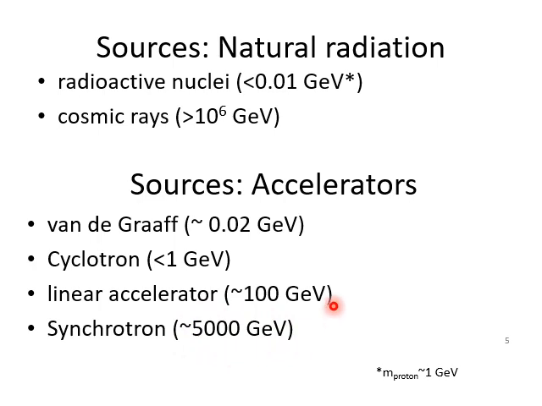Now, these are very frequently the energies of one of the particles in a scattering interaction. And therefore, from your studies already in special relativity, if one of the particles has 100 GeV, then the energy that's actually available for making new particles is much less than that, right? Because you have to change into a center of mass frame, and then the total energy is going to be quite a bit less.